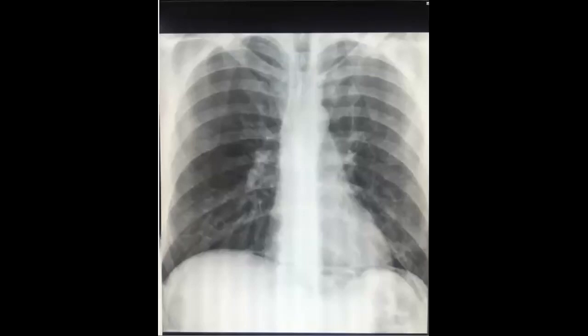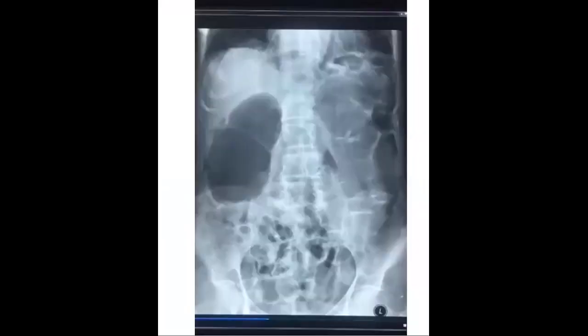Let's go for some cases. The sign here is continuous diaphragmatic sign, indicating that this patient has pneumoperitoneum.